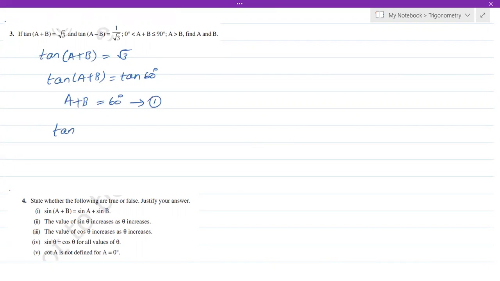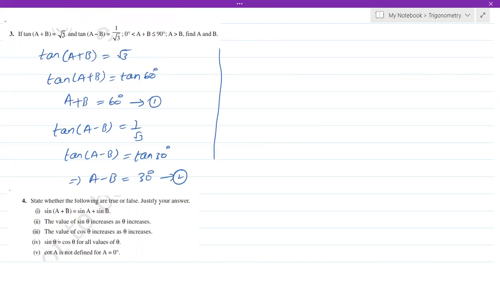Similarly, they have given tan of a minus b is equal to 1 by root 3. For which angle do we get 1 by root 3 in tan? For 30 degrees, isn't it? So on comparing the LHS and RHS, we get a minus b is equal to 30 degrees, equation 2. Let's solve equations 1 and 2.